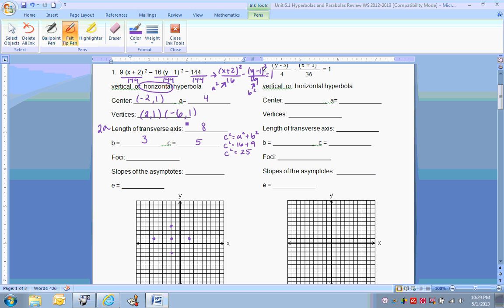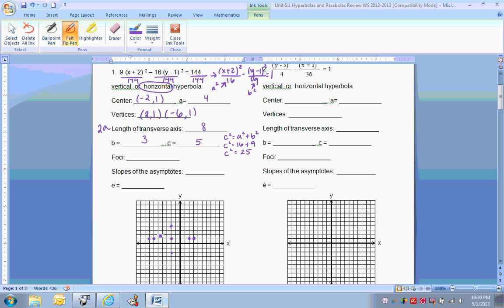So my co-vertices, which it actually doesn't ask us for, are at -2, 4 and at -2, -2. c is the distance from my center to my foci, and that's 5. So I'm going to go 1, 2, 3, 4, 5 to the right and 1, 2, 3, 4, 5 to the left because my foci are always on the same line as my vertices.